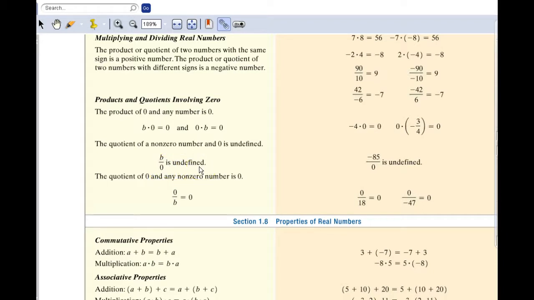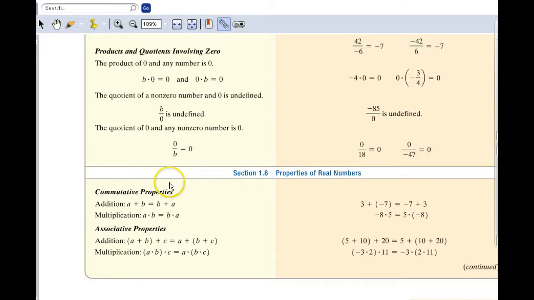We don't have a definition for that in our mathematical vocabulary. And anytime 0 is divided by a number other than 0, the result is 0. So notice the difference between these two. Very important.